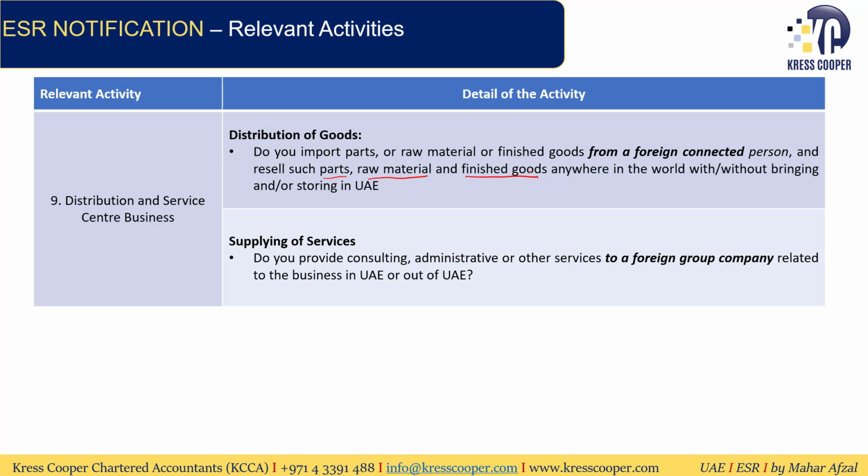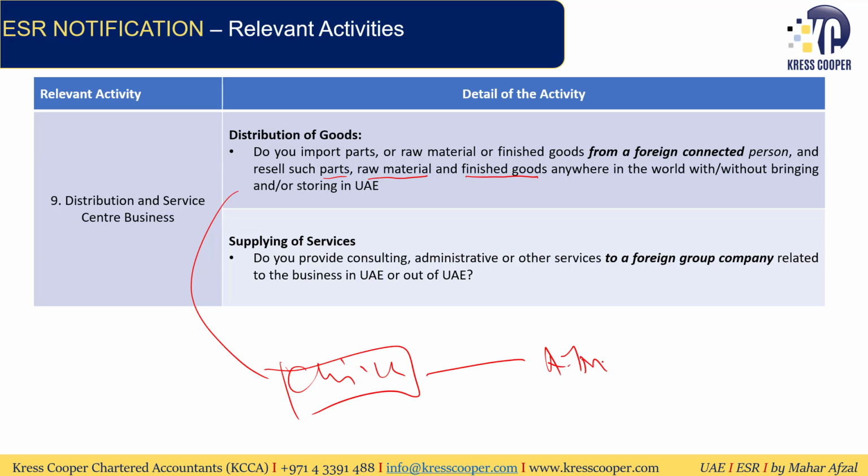It doesn't matter if goods are coming into UAE, stored in UAE, or transported in UAE. If the licensee is buying from China and selling it to Africa, and the goods are not even coming in UAE, still it will be considered that the licensee is in the distribution of goods business.